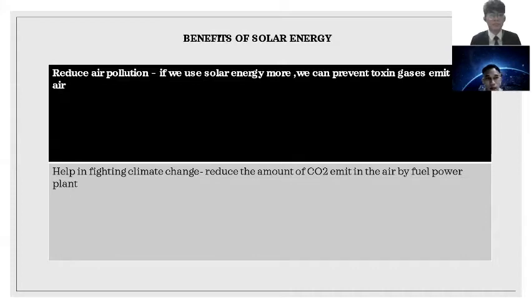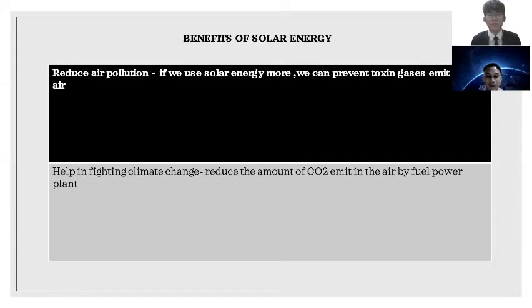When cars use this kind of fuel, they emit toxic gases, for instance carbon monoxide. Carbon monoxide can be harmful for our environment and for the health of humans. Thus, by using solar energy to move cars instead of petroleum, we can lessen the amount of pollution in the air.